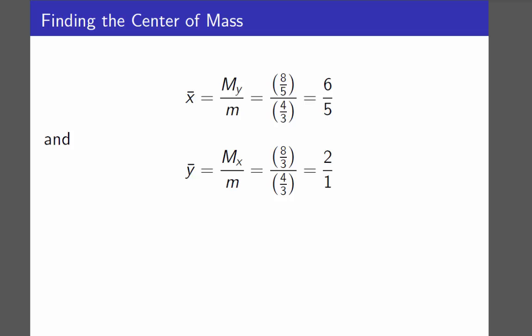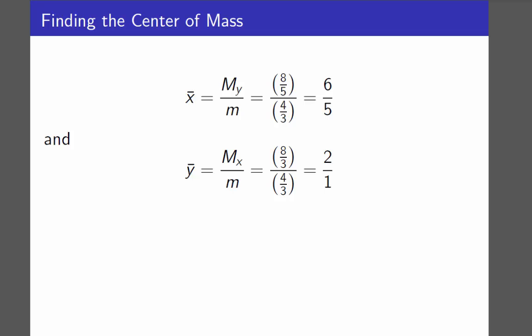So now we just plug in the values that we found. Since x bar is equal to the moment with respect to y divided by m, and we just found that the moment with respect to y is 8/5, and we already had that the mass was equal to 4/3, we know that x bar is equal to 8/5 divided by 4/3, or 6/5.